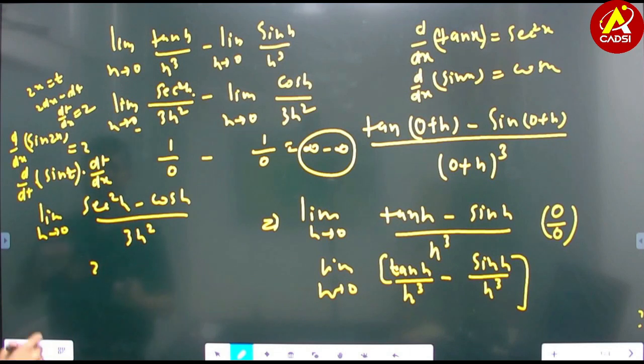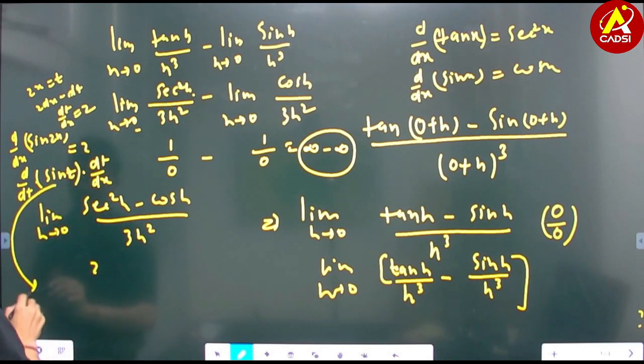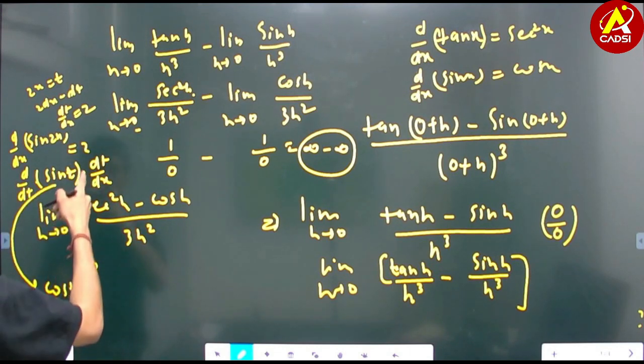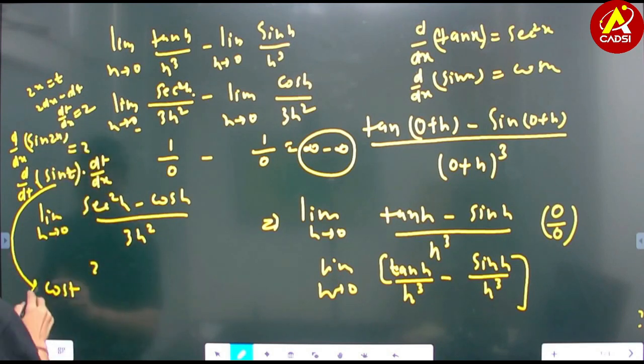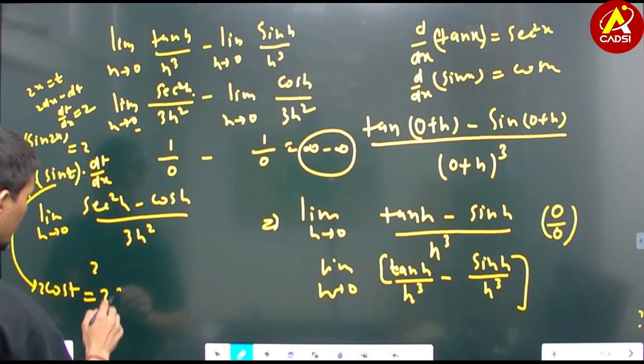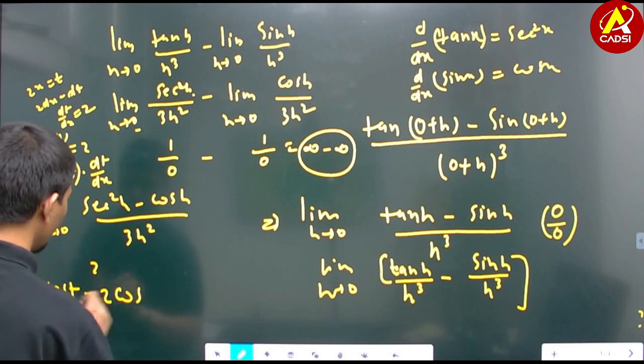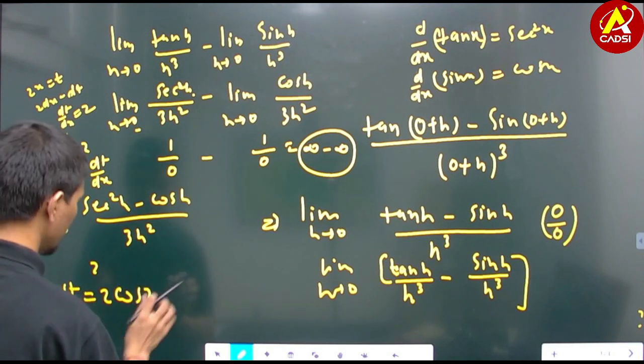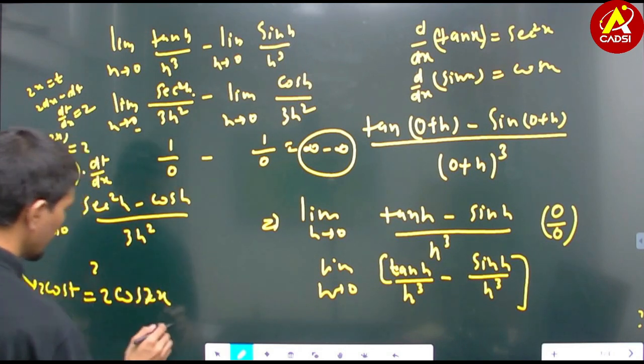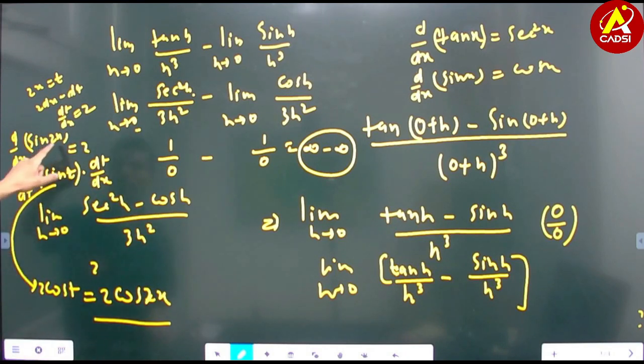The derivative of sin t is cos t, and dt upon dx is 2, so this is 2 cos of t, which is 2x. So the derivative of sin 2x is nothing but 2 cos 2x, okay.